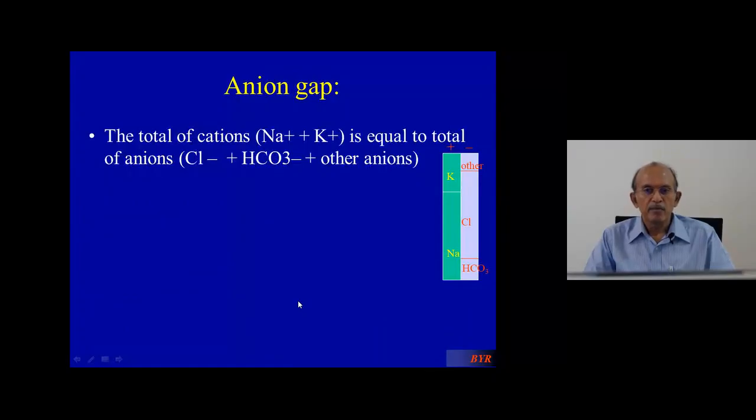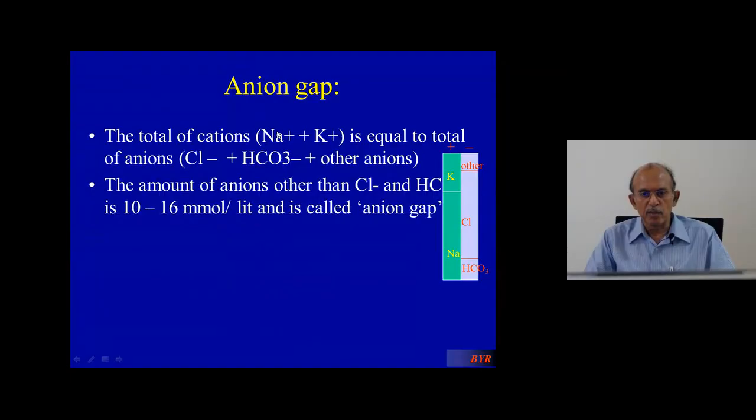Anion gap, we already discussed some time ago. The total of cations is equal to the total of anions. Sodium and potassium are the main cations. Anions are chlorides and bicarbonates plus other anions.